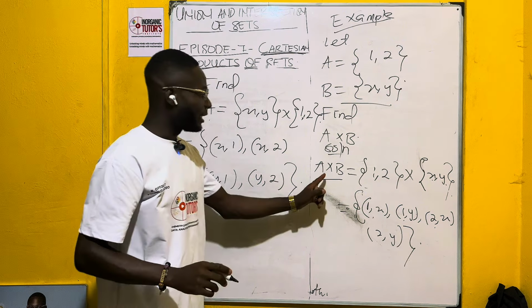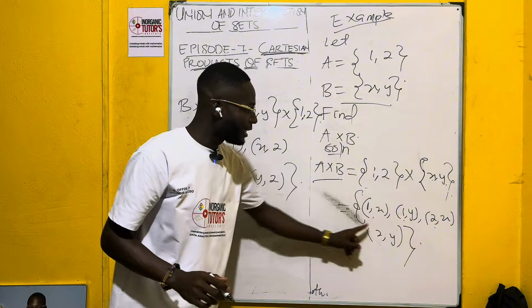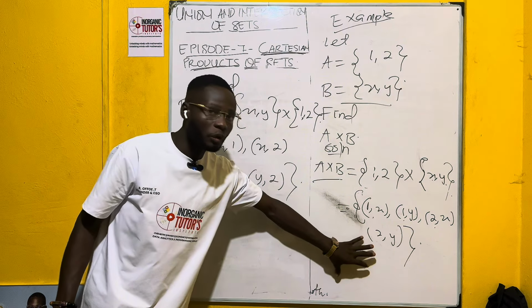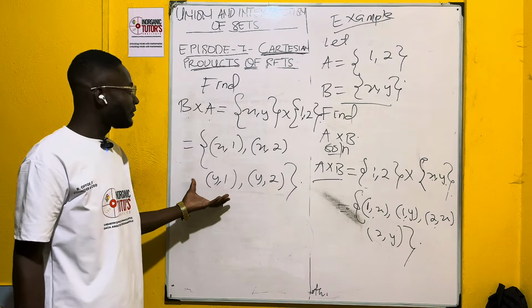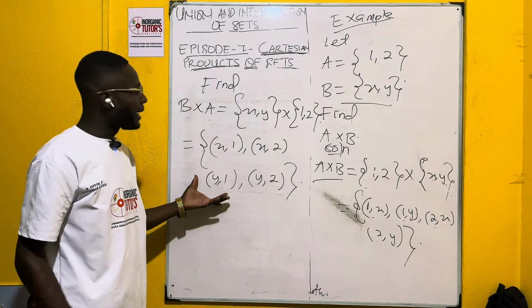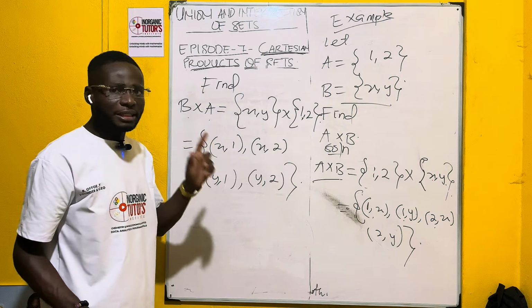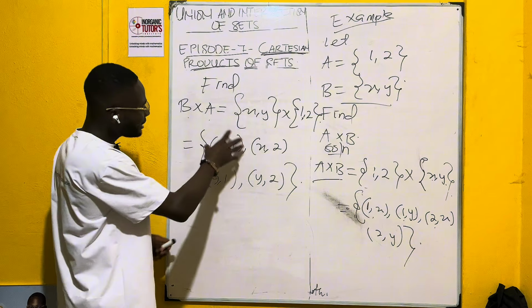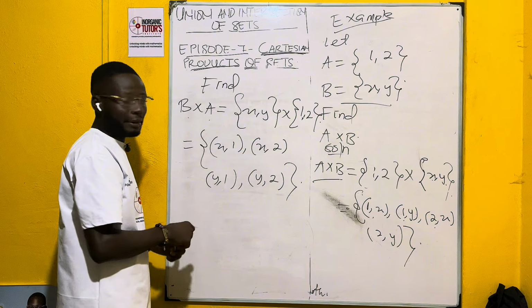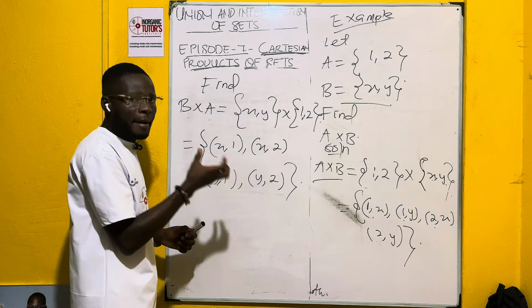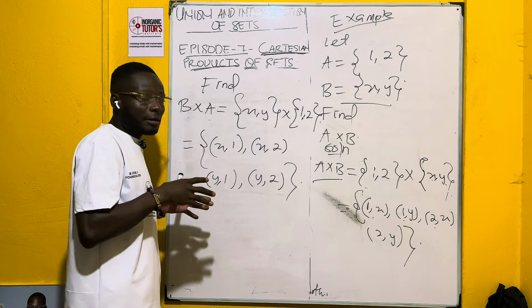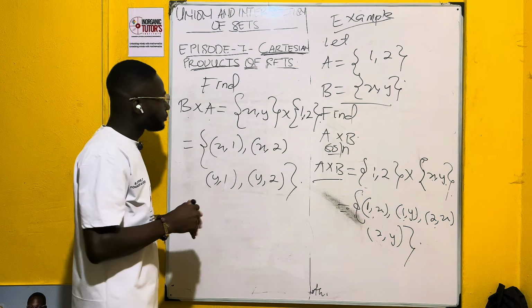Now check something. A cross B has its own pairing. Though we have the same number of elements in A cross B and in B cross A, it doesn't necessarily mean that we have the same items in them. The quantity is the same, but the elements that are embedded in each are not the same.